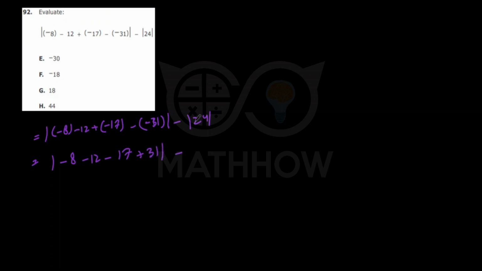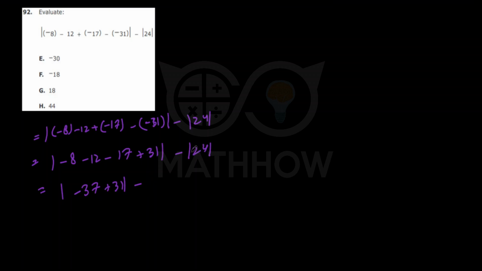Minus 20, absolute value of 24. Simplifying these inside the absolute value, minus 8 and minus 12 will become minus 20, and minus 20 minus 17 will become minus 37 plus 31 minus.